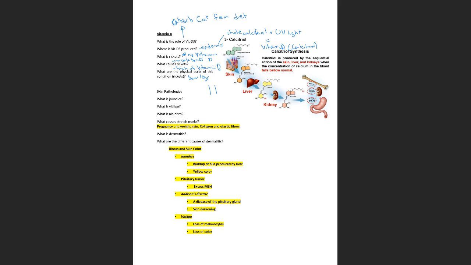So eventually your legs become curved, like bows. There's literally a curvature in your leg because you did not have enough calcium growing up to make your bones strong. Any questions?